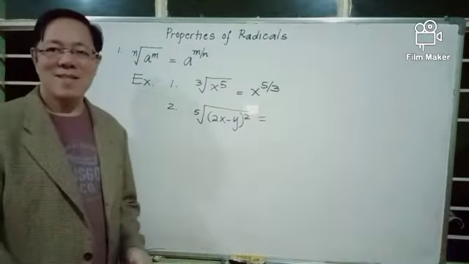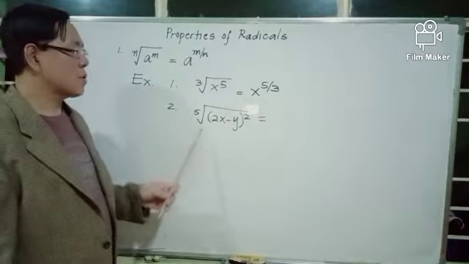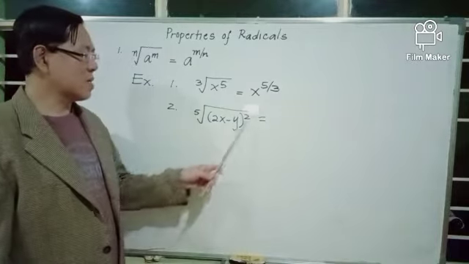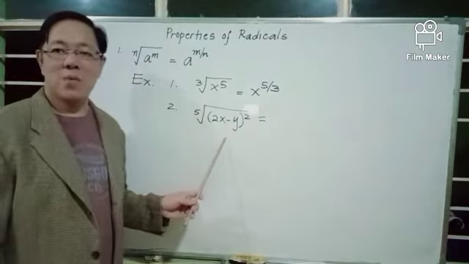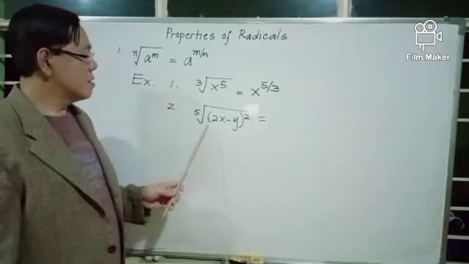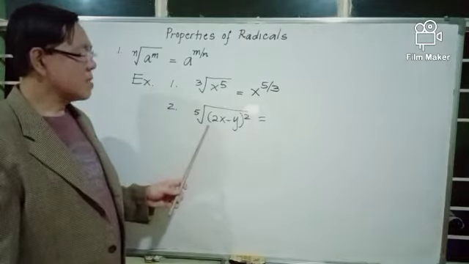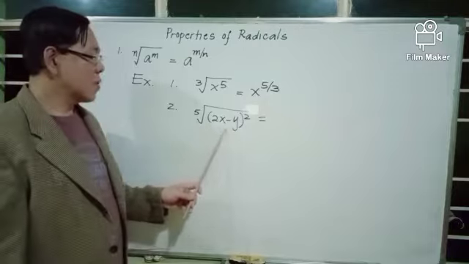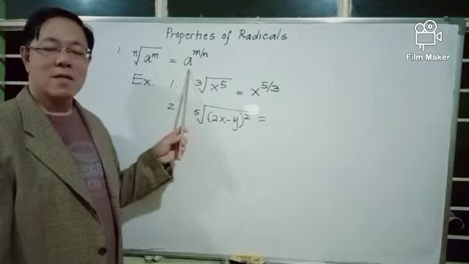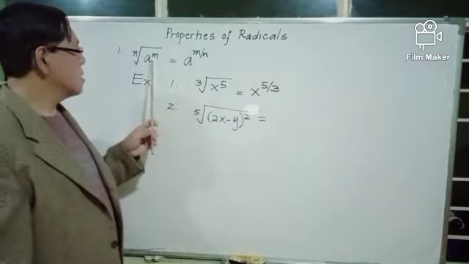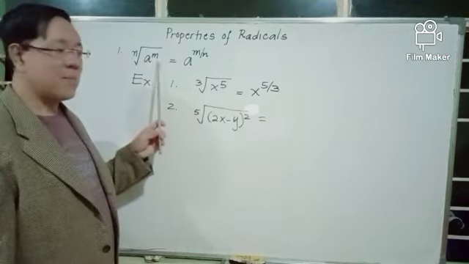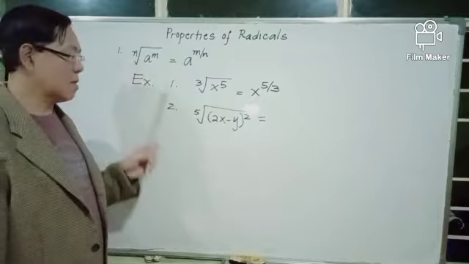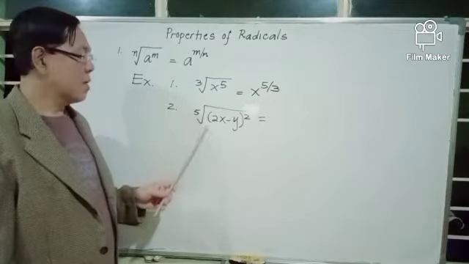Again, we apply the first property of radical to remove the radical sign and express this radical expression in exponential form. The base of the radicand is 2x minus y. 2x minus y is your a in the first property. The exponent m is 2 and the index of the radical is 5.